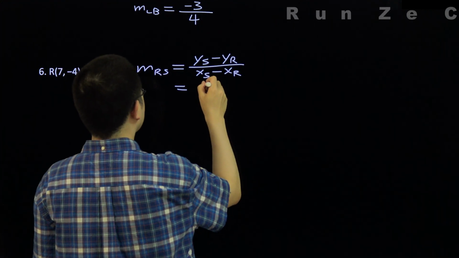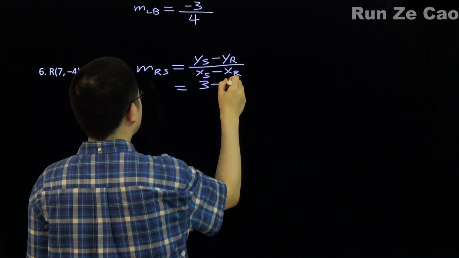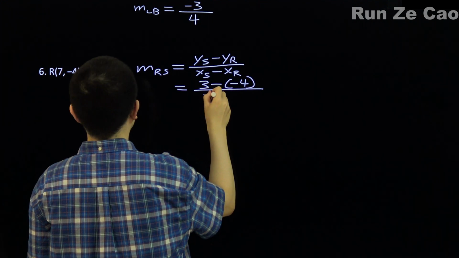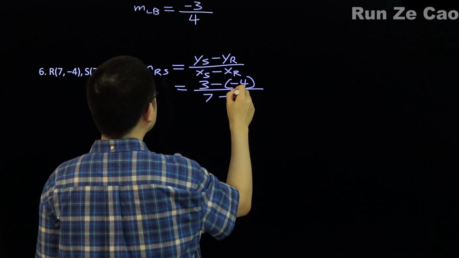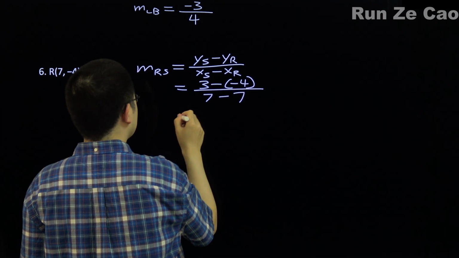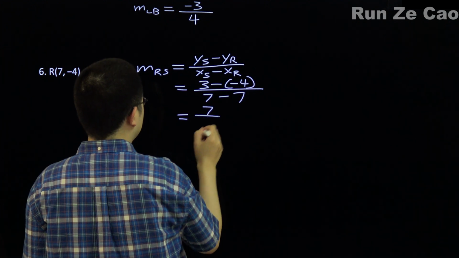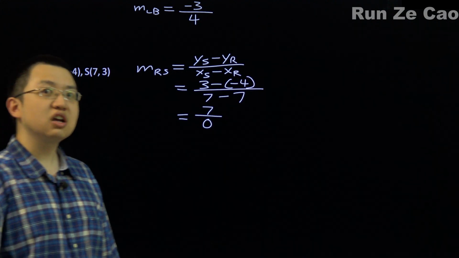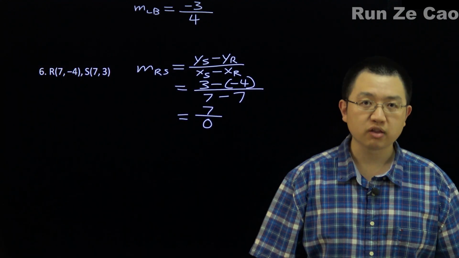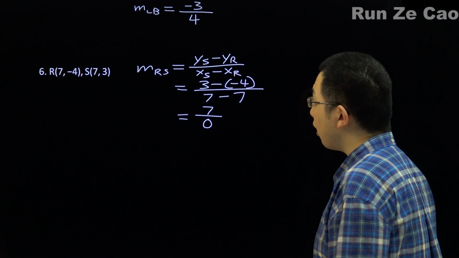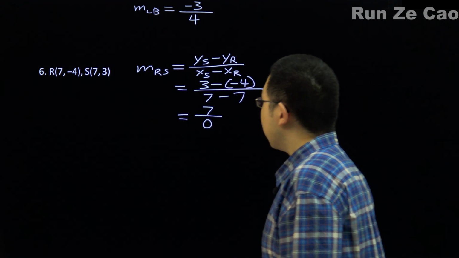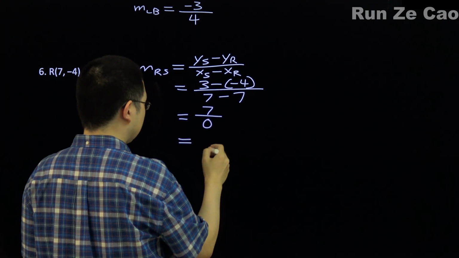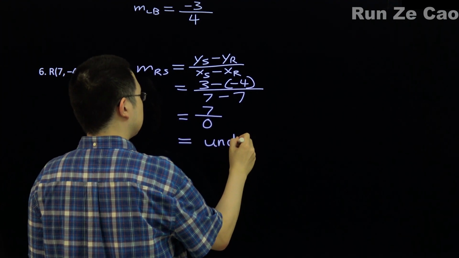YS is 3 minus YR, which is negative 4, over XS, which is 7, minus XR, which is 7. Oh dear, we end up with 7 over 0. If you end up with 0 over 0, you should have checked the points before you started, or you did something very wrong somewhere. But if you end up with a number that's not 0 divided by 0, that's undefined.